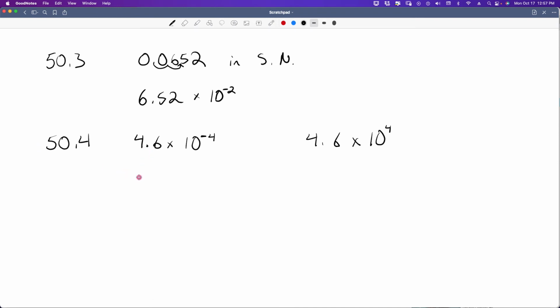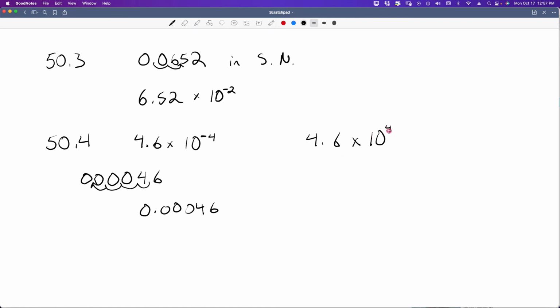So this would be, let me write this here, 4 and 6. I know it's negative, so I'm going to go this way, so I need some zeros. And I'll figure out where the decimal goes later. So right now it's here. But I want to move it 1, 2, 3, 4 places. So my number is actually going to be 0.00046.